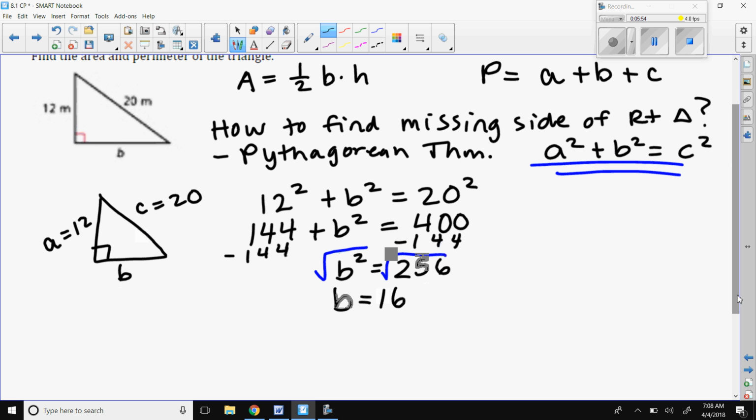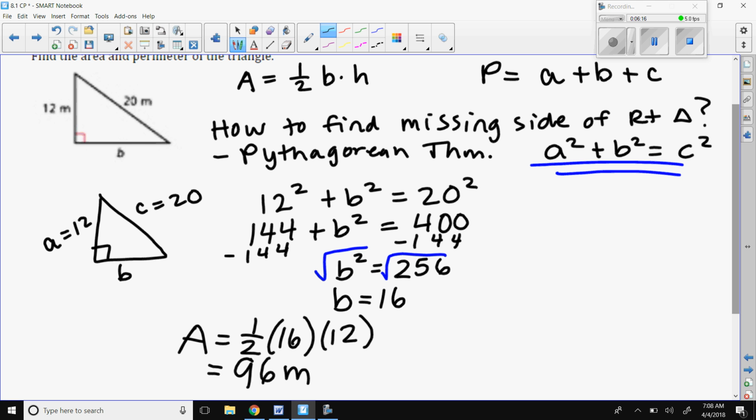Okay, now I have everything I need to plug it back into my formulas. So I can still see my formulas up top. I have A equals 1/2 times 16 times 12. And I can plug this right in, use the parentheses as well, or multiply these first, 16 and 12, but I end up with 96 meters squared. Right?